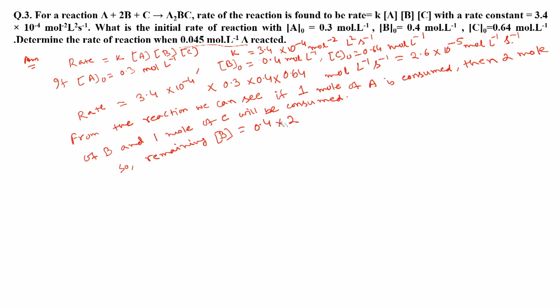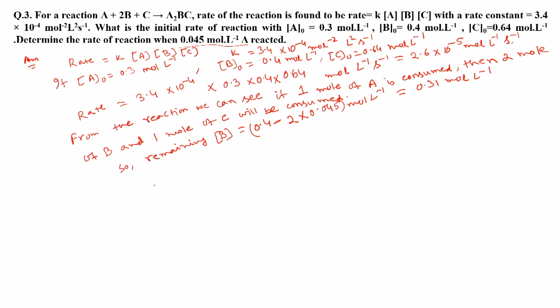So initial concentration of B is 0.4 minus 2 times this, since when 1 mole of A reacts with 2 moles of B, so the remaining B will be 0.4 minus 2 times 0.045, right? That is your moles per liter. So if we calculate this one, we get 0.31 moles per liter.